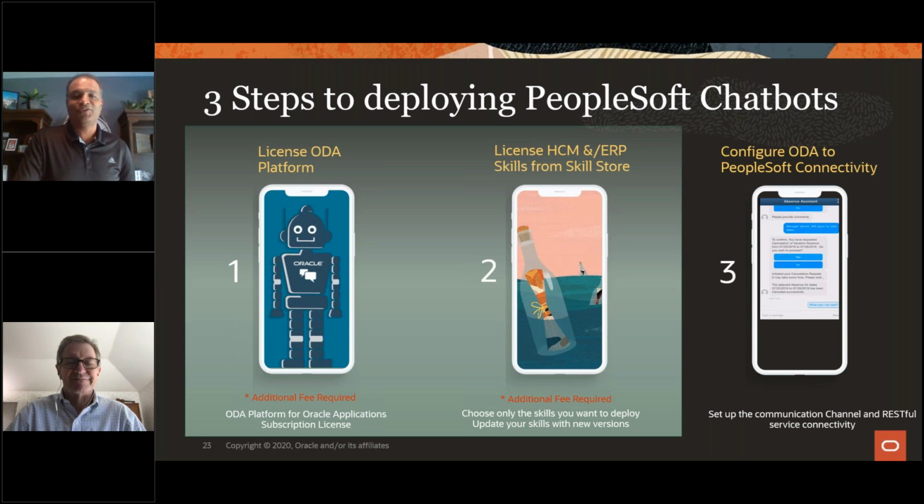Just to reiterate a nuanced point, if you would. Anytime we talk to customers, sometimes we get the question of, so it sounds like ODA is a cloud application, which it is, and I have to license it as such, but I'm running PeopleSoft on-prem. Does that matter? And the answer is it doesn't matter. You can connect to it through channels, right?